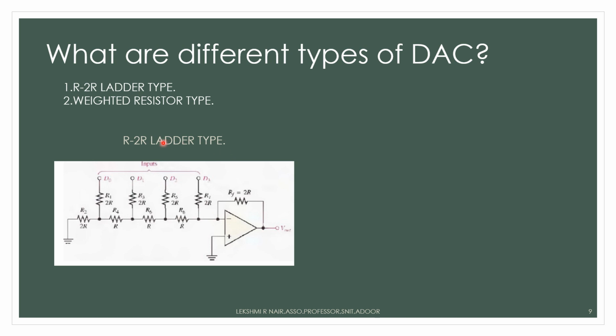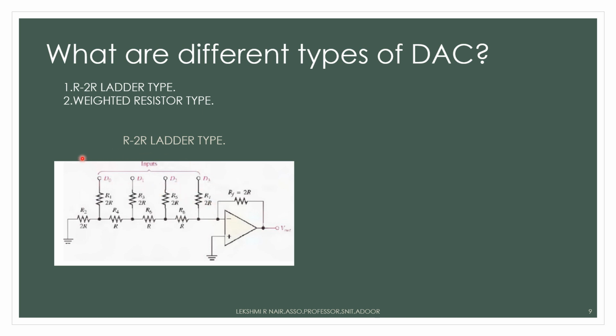Here input is digital in nature. In case of digital signal, normally it is binary in nature. So there will be bits. Here we are giving bits as input: D3, D2, D1, D0.